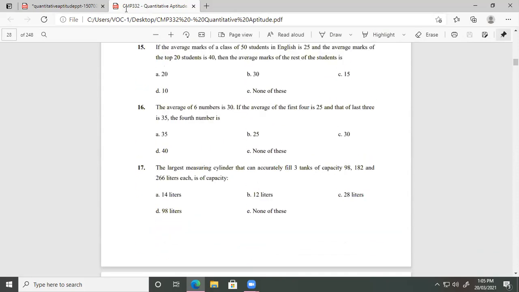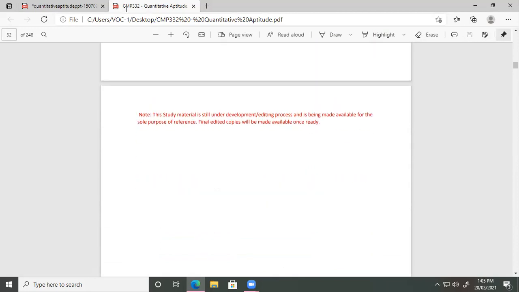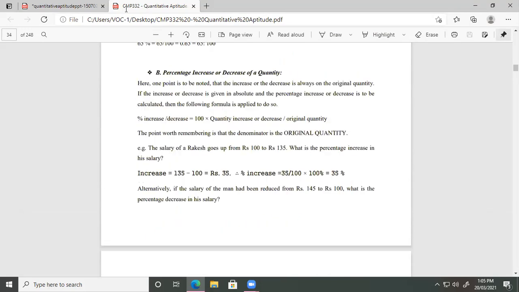Wait a minute, I will find out the simplification problems. Then we will discuss regarding the simplification problems.